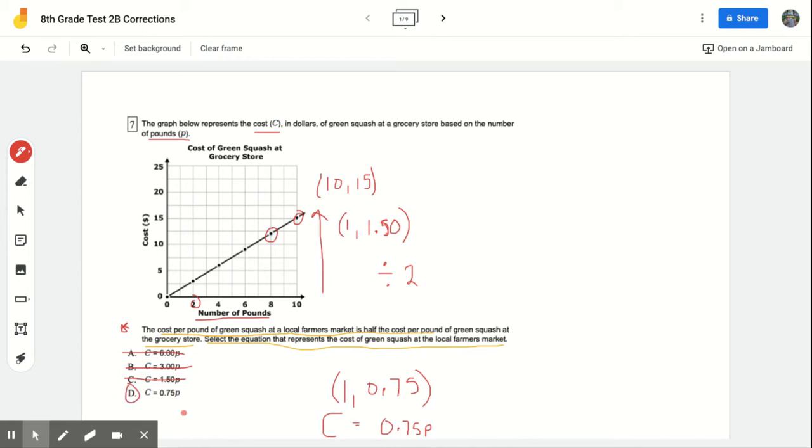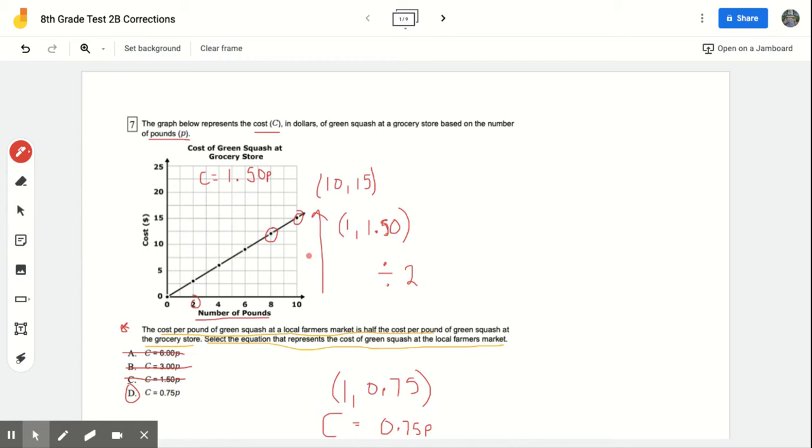I have a feeling that most people missed this problem because they were thinking, what's the equation for this line? The equation for the line at the grocery store would be C equals 1.50P. That's for the grocery store, but the question is how much it would be at the farmer's market. So letter D is the correct answer for that one.